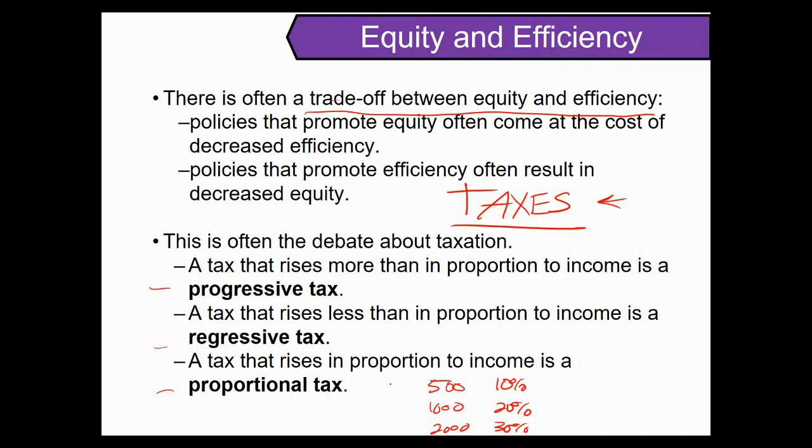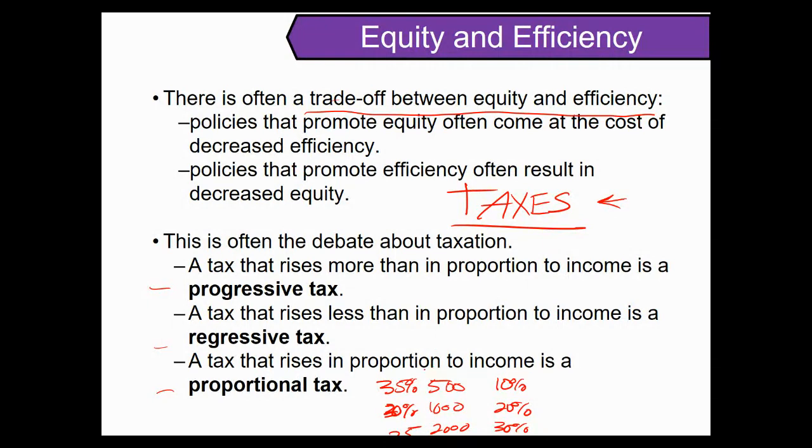Now, a regressive tax would mean that you essentially do the exact opposite. The person that makes the least amount of money pays the highest percentage in taxes. So they pay 35% versus 30%, 25%, and maybe a 20% or whatever it is. The more you make, the less percentage you'll pay.